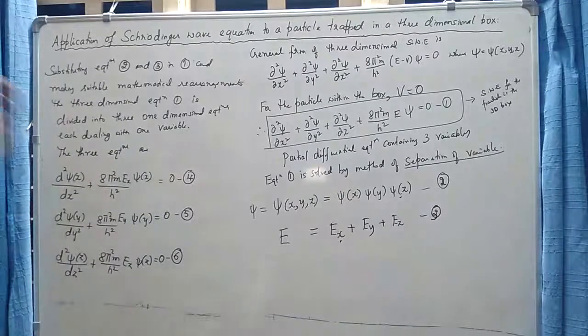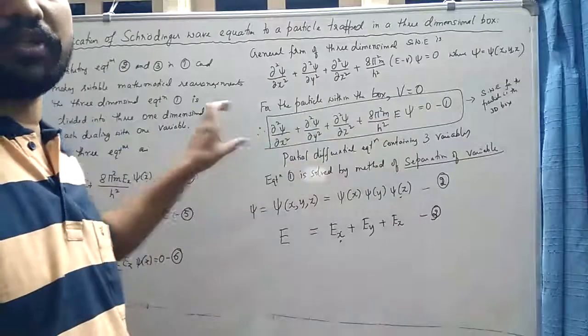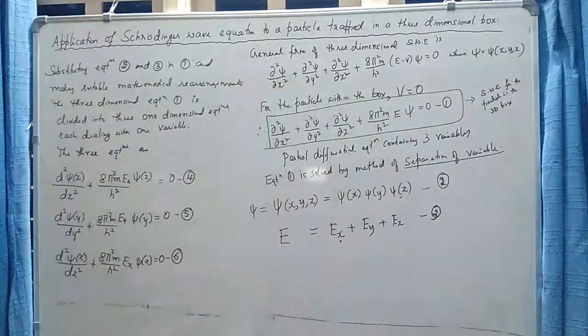So the three-dimensional Schrodinger wave equation is converted into three one-dimensional problems. And if you carefully look at equation number 4, this is nothing but the Schrodinger wave equation for the particle trapped in a one-dimensional box. We had discussed this in our last class.